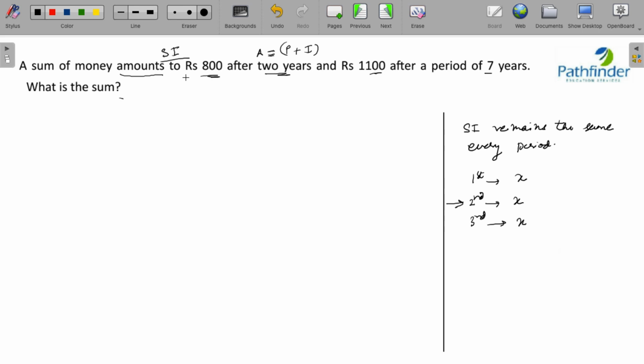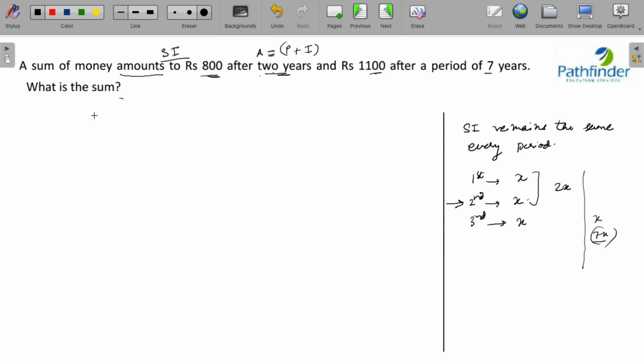So for example, a sum of money amounts to 800 rupees after 2 years. So after 2 years, the simple interest collected will be X plus X, that is 2X. And similarly, if you collect the amount after 7 years, then every year X interest is paid, so the total interest will become 7X.